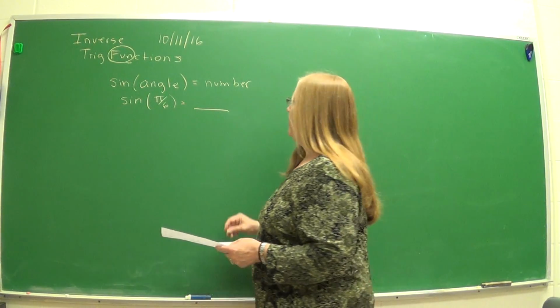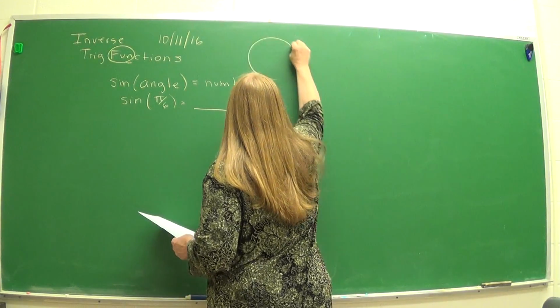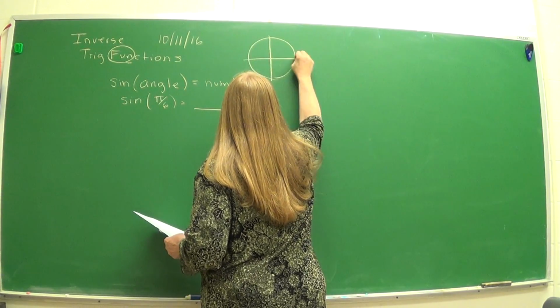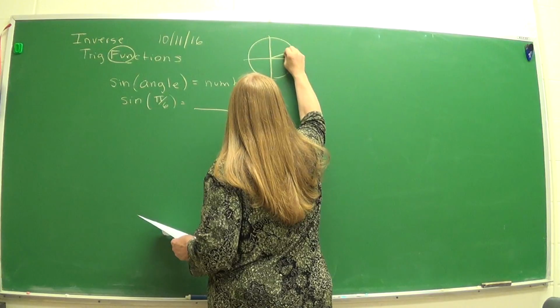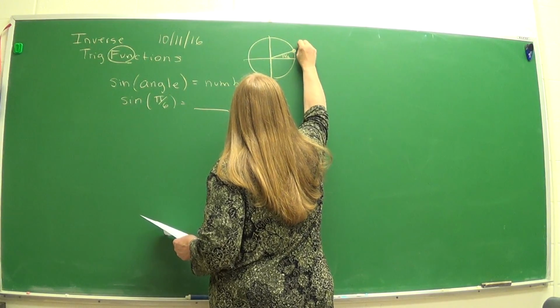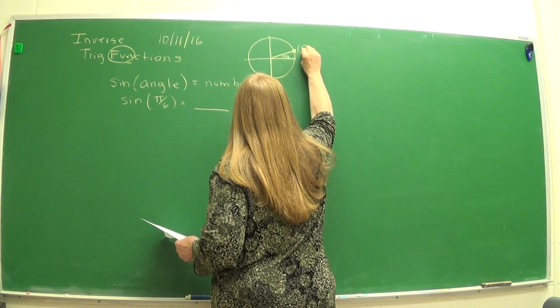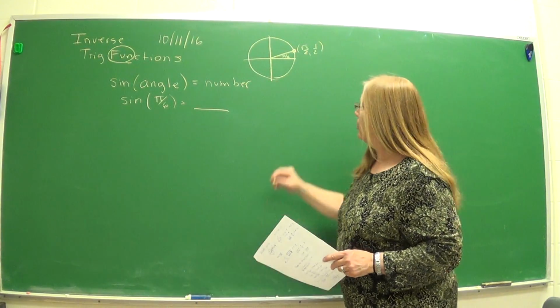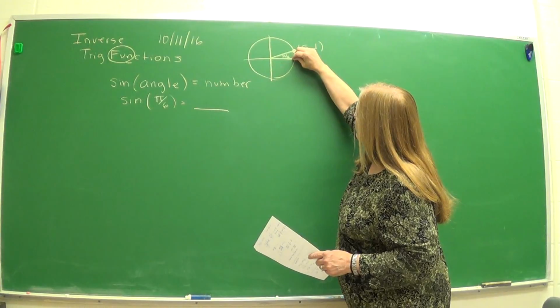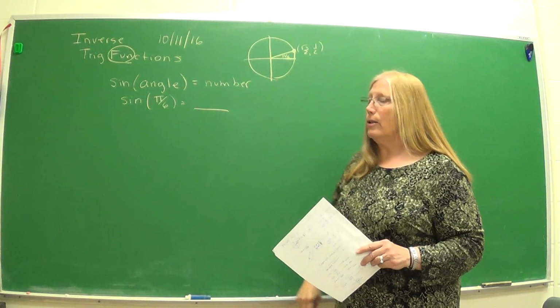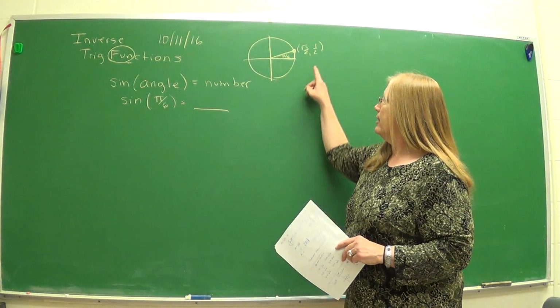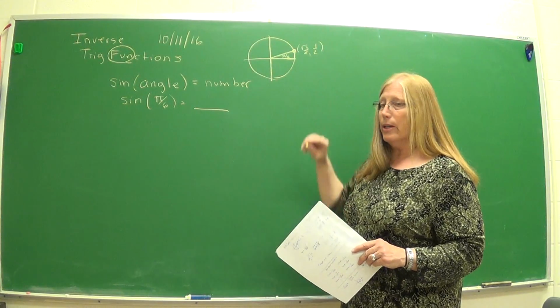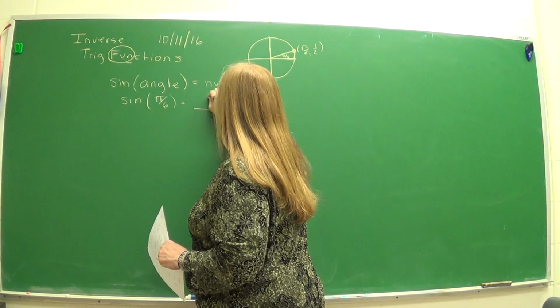So one of the ways we learned was the unit circle. At pi over 6 right there, we saw that it was square root of 3 over 2 over, the long guy over and the short guy up. So we had memorized the unit circle, and we saw that the sine was the second coordinate. So we would get 1/2.